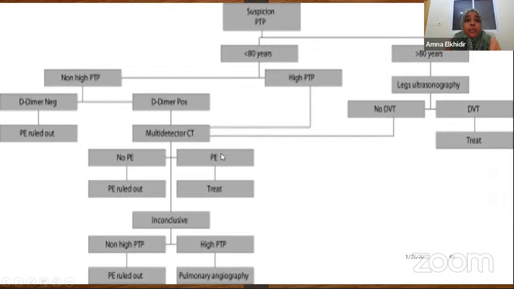When we do the CT, if there is PE, we start the treatment, and if there is no PE, this means that PE is ruled out. If the CT is inconclusive and there is high probability, we go for angiography, and if there is no high probability, PE is ruled out. If the patient's age is more than 80, we do leg ultrasound. If there is DVT, we start the treatment, and if there is no DVT, we go for CT.